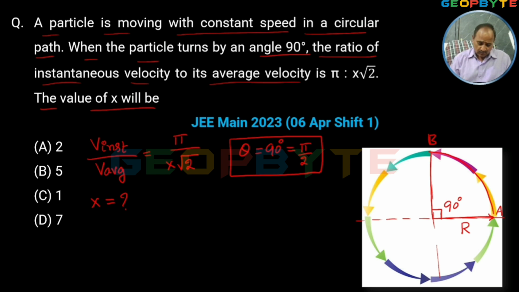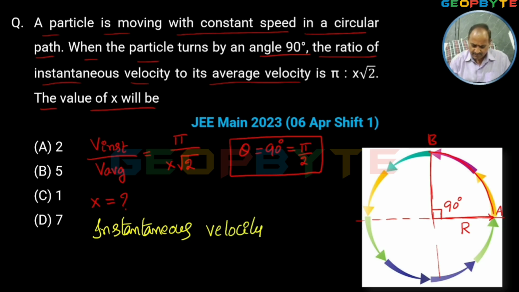Now first let us decide the instantaneous velocity. Instantaneous linear velocity, V inst, is equal to r omega, where r is the radius of the circular path.